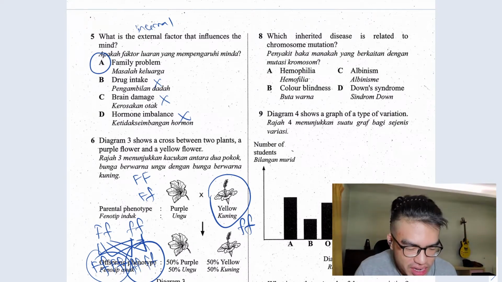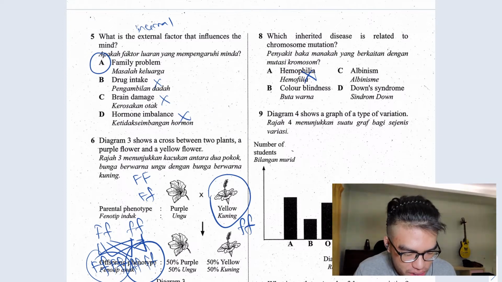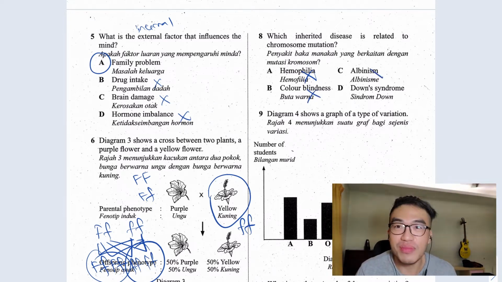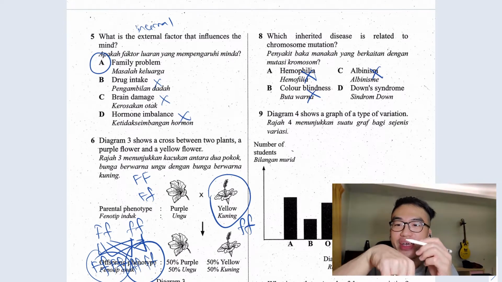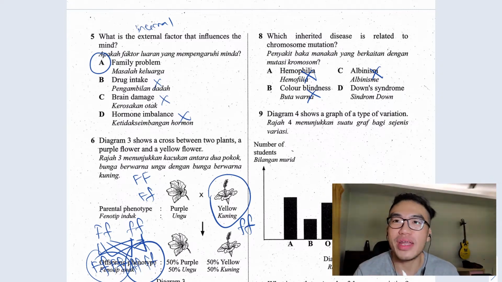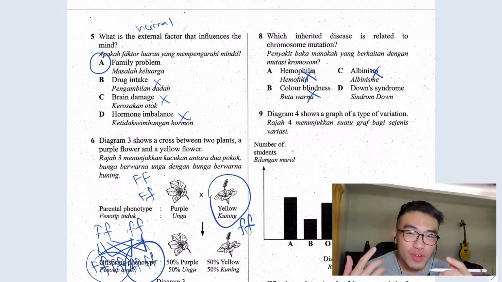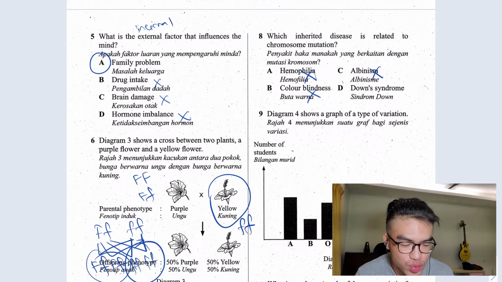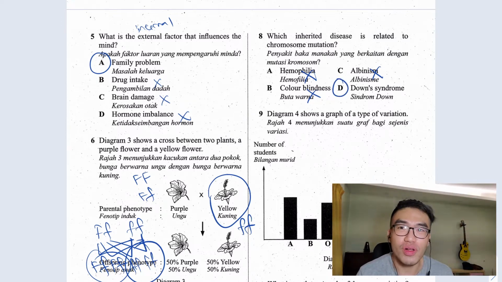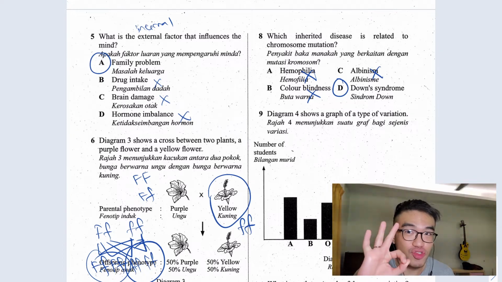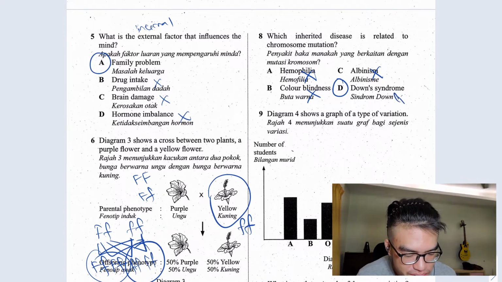So the answer here, hemophilia, would be wrong, color blindness would be wrong. Albinism is when you fail to produce the dark pigment in your skin known as melanin. This is wrong as well. So I have only one serious problem here, which would be Down syndrome, or we call it trisomy 21, because you have 3 chromosomes on the 21st pair.